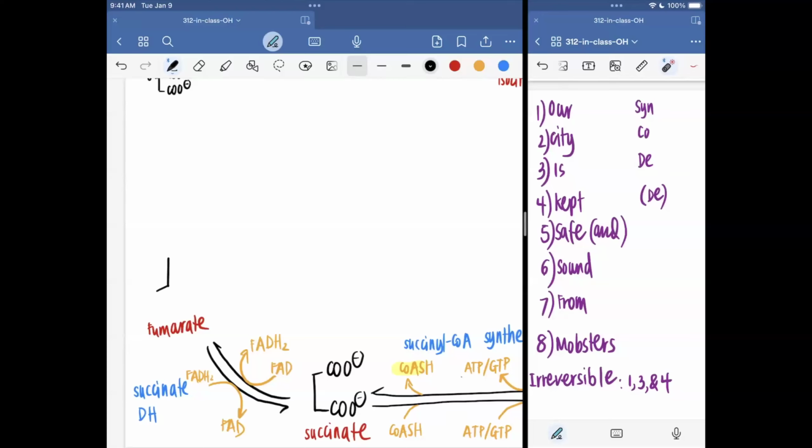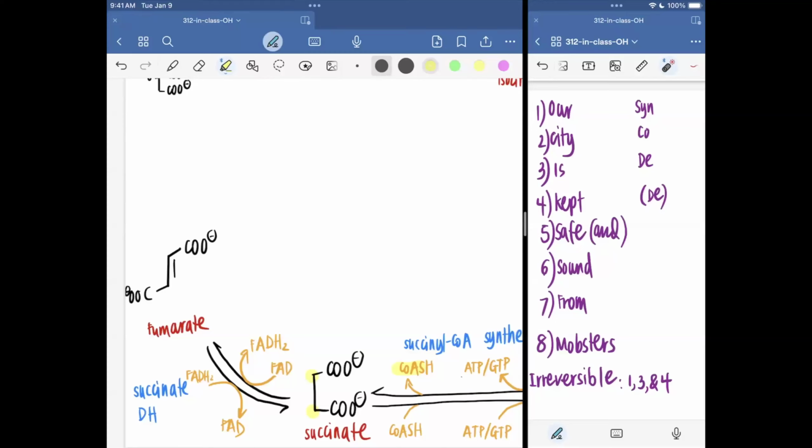We have a molecule that has a double bond between carbons 2 and 3. And so that is the result of our dehydrogenation, where we had a hydrogen here and a hydrogen here, essentially, that are removed to give to FAD so that we make FADH2.